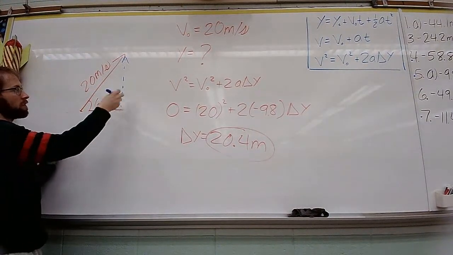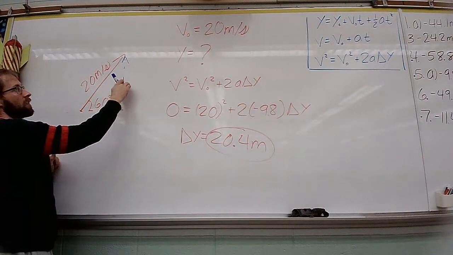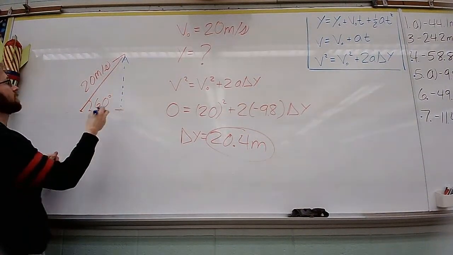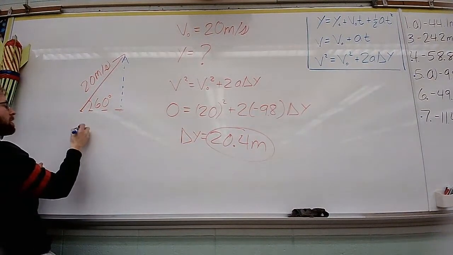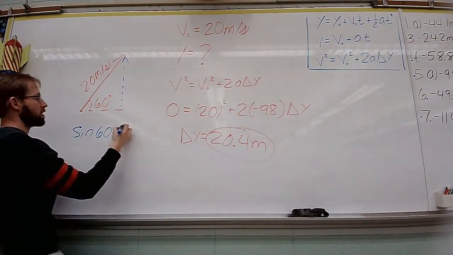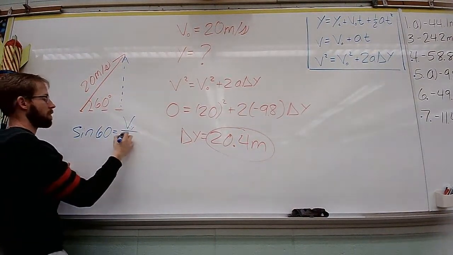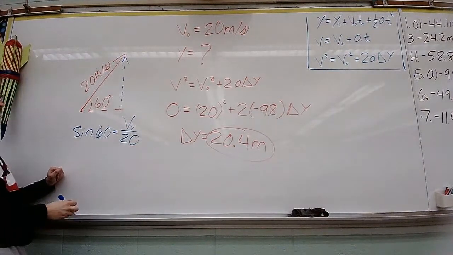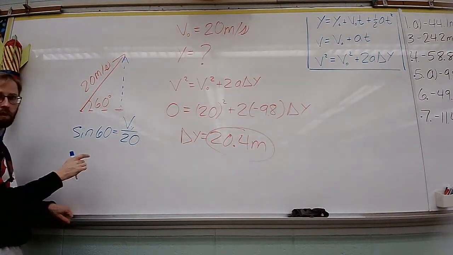So in this case you'd use sine in order to figure out this side of the triangle. If you guys could do this for me, I'll just write it out. Sine of 60 is equal to opposite, I'll call it velocity in the y direction, over hypotenuse, which is 20. So can somebody do 20 times the sine of 60 for me?